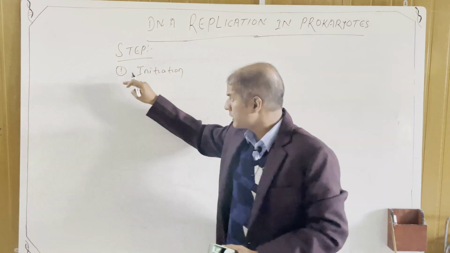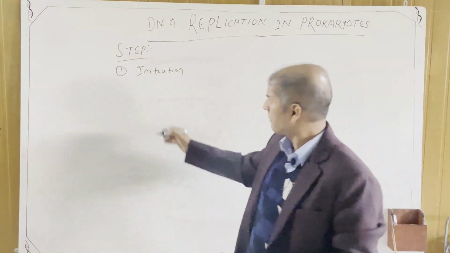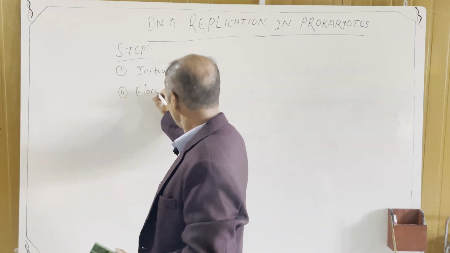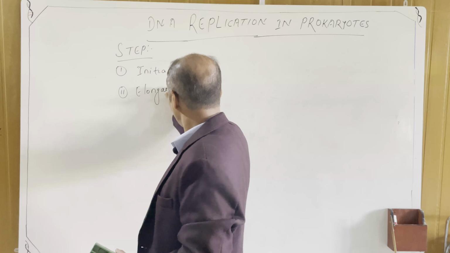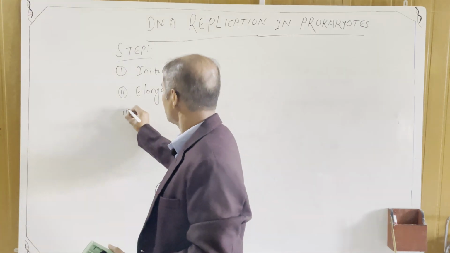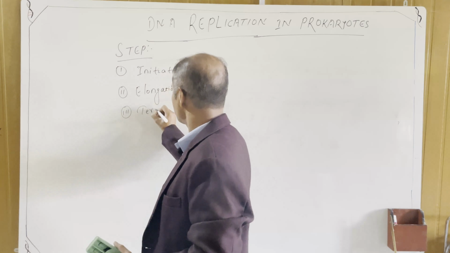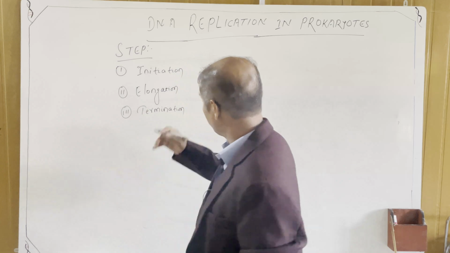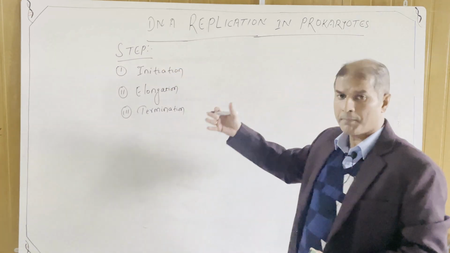This is the actual initiation of DNA replication. Then elongation of the new DNA strand, and the third one is the termination process. We will be discussing all these steps separately, one by one.